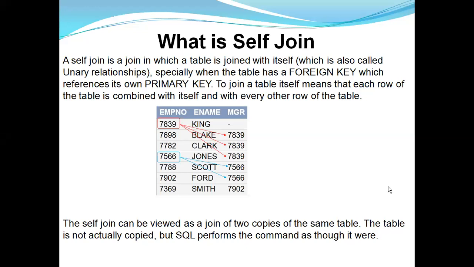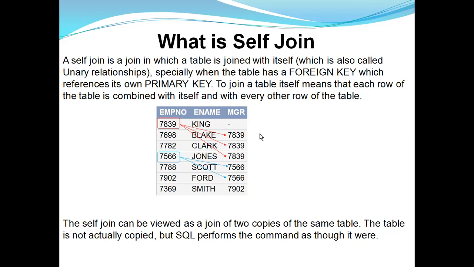In this table, we have an employee number, employee name, and manager. Now, manager is a foreign key. Employee number is a primary key. And this 7839 is taking a reference from here. Correct? So can we say this King is a manager of Black? So this row is related with this. So when we have this kind of data, we perform the self-join.